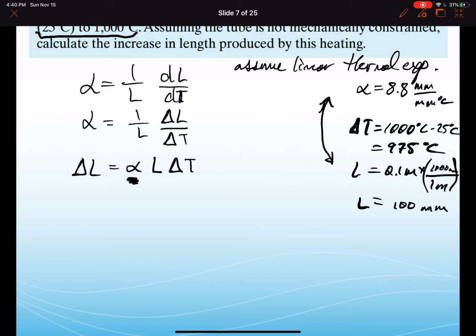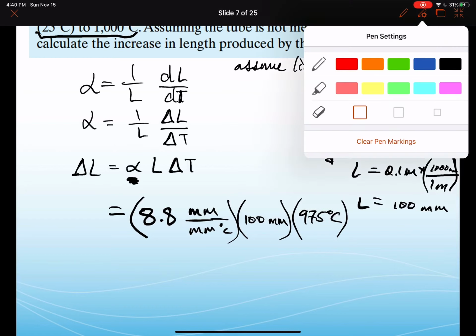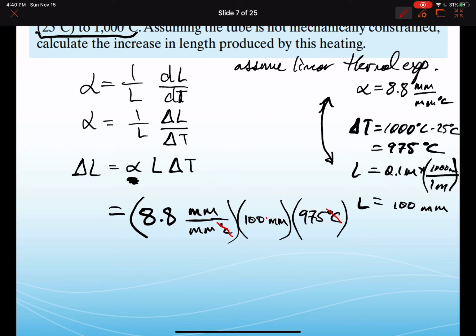Okay, so at this point you can simply start applying the values and looking to cancel. So 8.8 millimeters per millimeter degree C times the 100 millimeters times the change in temperature, 975 degrees C. We can just make sure that units are canceling. Degree C cancels degree C. Millimeters cancels the millimeters in that alpha, and we'll end up with a delta L in millimeters.